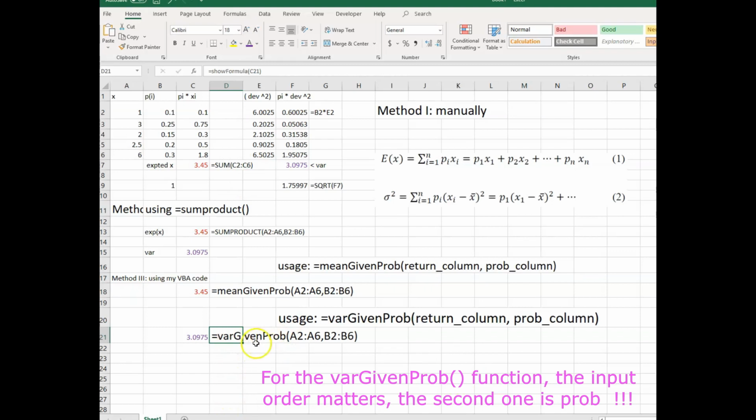See, VAR given probability, A2 to A6. Actually for this case, this is not the return column. This is the X value, and the second input will be probability.